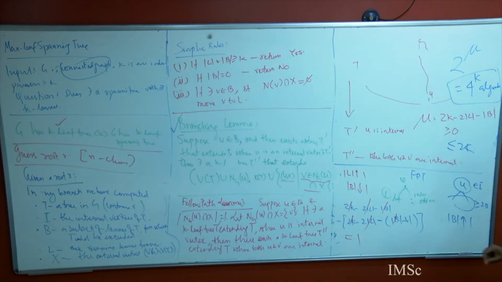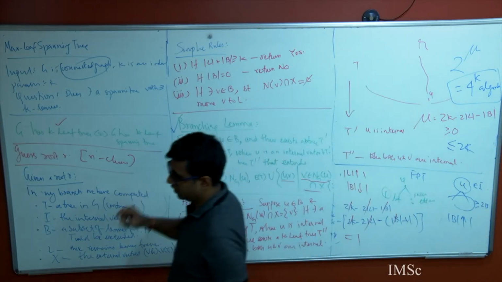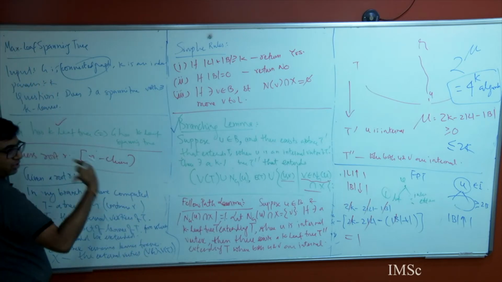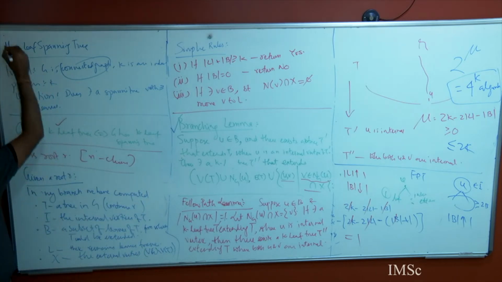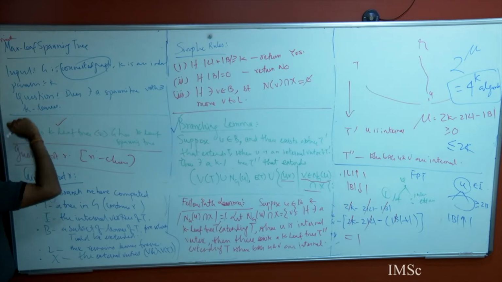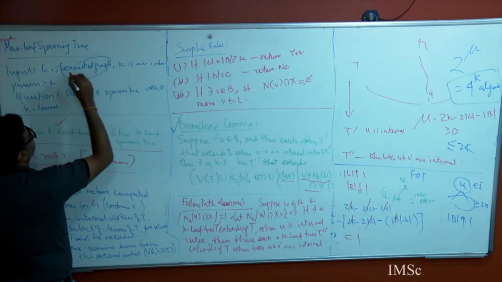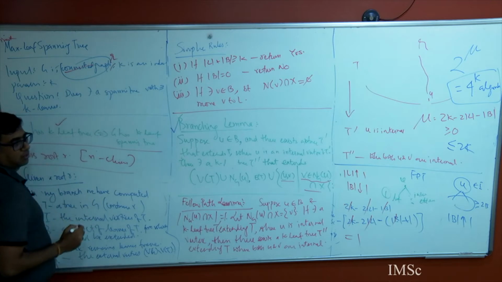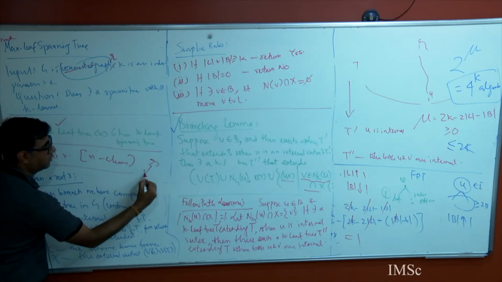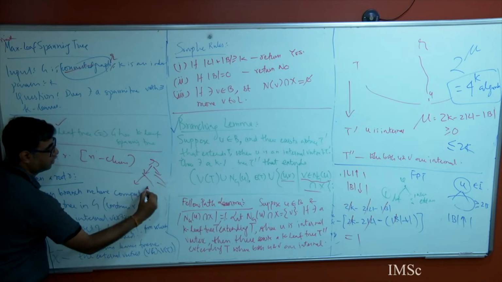Okay. So what is an exercise? This algorithm is for the undirected graph. What I want you to do, just to get used to this way of thinking, is the directed max leaf spanning tree. So G is given, with a root R from which every vertex is reachable. It's an out tree.